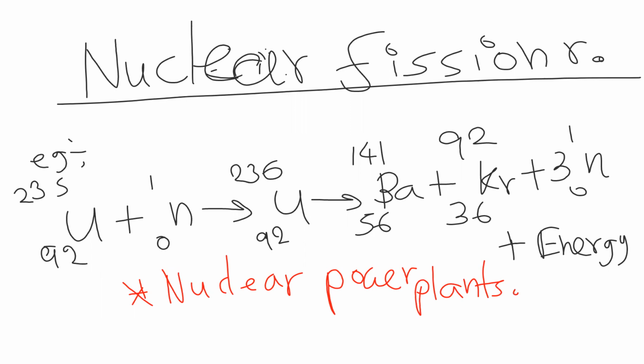But as I said, if the control becomes vulnerable, if the control is destroyed, it becomes a nuclear bomb. There's only one more thing we should know about this. Why are neutrons used? Why don't we use any other type of particle? Only that I want to discuss.